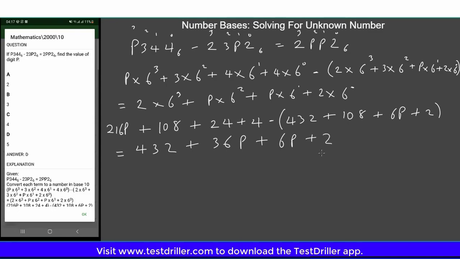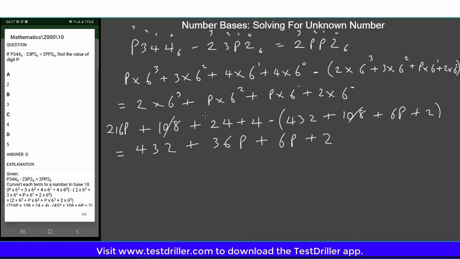So the next phase is to collect like terms and simplify. To make this operation much quicker, you try to look for similar terms. Since this is subtraction, this can easily cancel out this, right? Then once we've canceled this out, we just add up the rest.